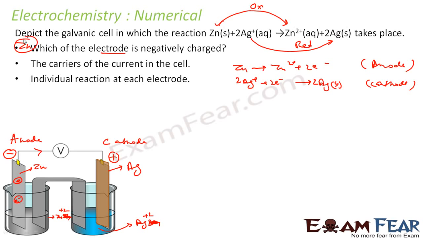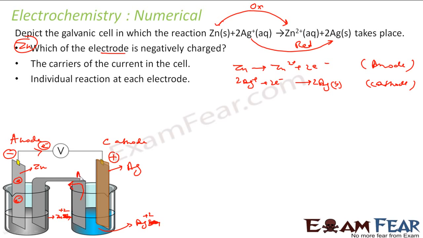Correct. So the next question is the carrier of current in the cell. We know that it is electrons that carry the current outside the cell, but inside it is the ions. For example, if you see here, with zinc sulfate and silver sulfate or silver nitrate, the nitrate ion or Ag+ will go from here to here.